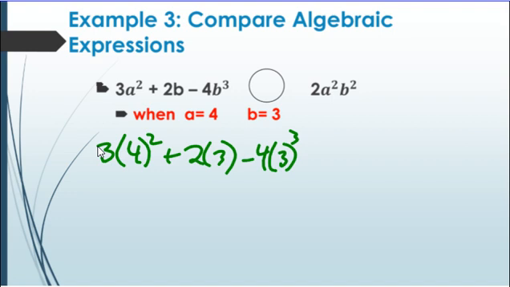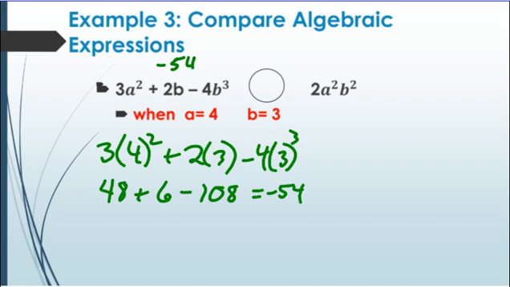So 4 squared is 16. 16 times 3 is 48, plus 2 times 3 is 6, minus 3 cubed is 27. 27 times 4 gives us 108. Now we solve from left to right. We've got 48 plus 6, which is 54, minus 108 equals negative 54. So that's what this side is, negative 54.